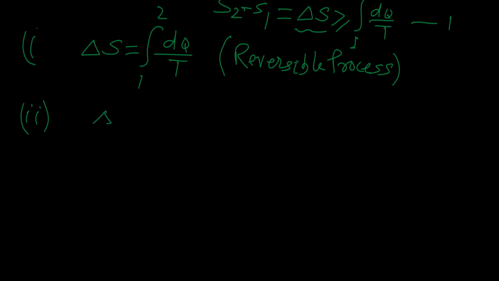That is, delta S is greater than the integral from 1 to 2 of dq over T. This equation will hold when the process is irreversible.